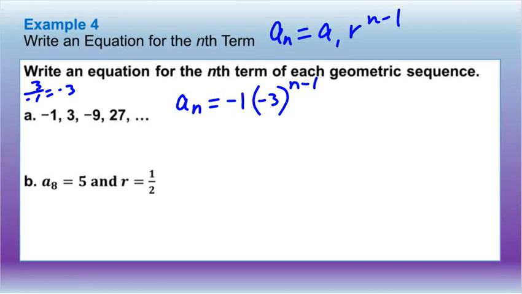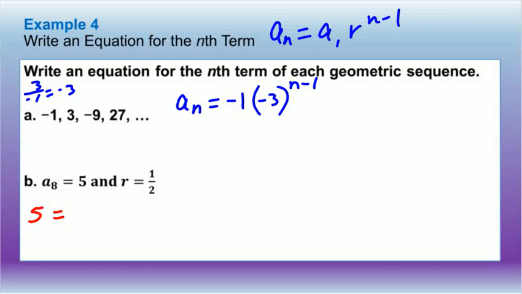This next one, they're telling me the 8th term and what the common ratio is. But for me to write the equation, I need to find the first term. So to find the first term, we are going to use our formula, which we know that a subscript 8 is 5.